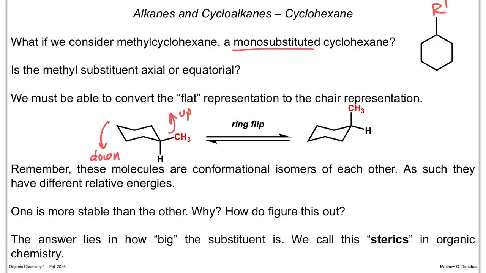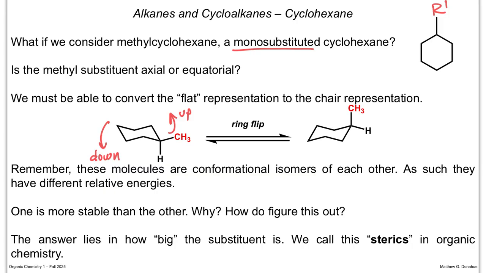So the 2 chairs, where the group is equatorial versus axial, which one of those conformations exists? It has the lowest energy. So in general, substituents that are equatorial are more stable. When you do the ring flip and you make it axial, what is the issue now?